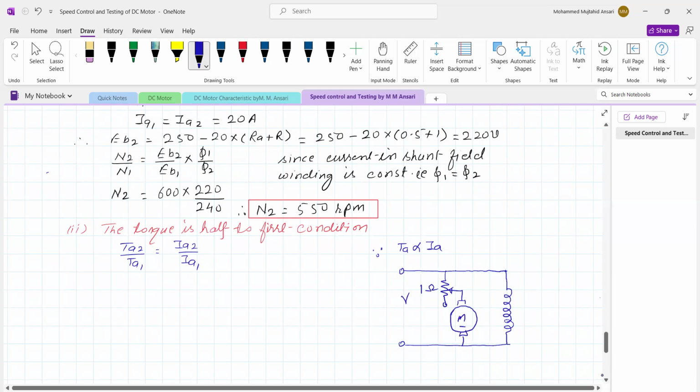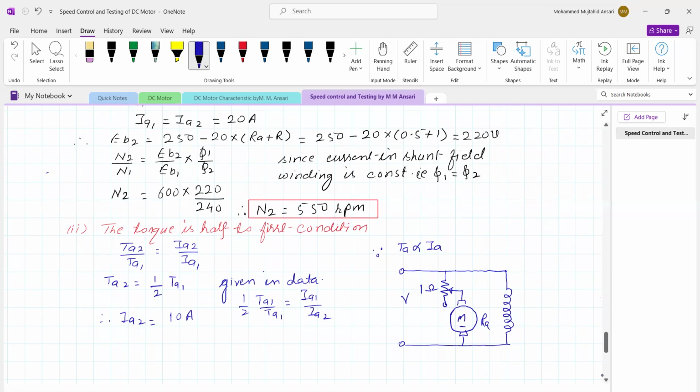Here torque TA2 is equal to half of the torque TA1, as given in the data. So 1 upon 2 TA1 upon TA1 is equal to IA2 upon IA1. Therefore, IA2 is equal to IA1 upon 2, so this is 10 ampere.